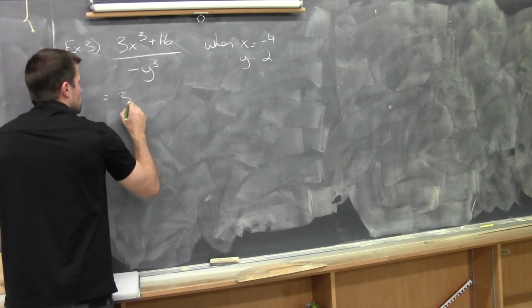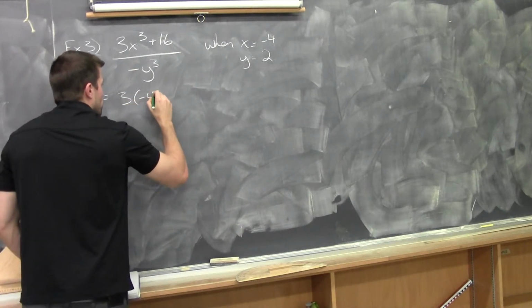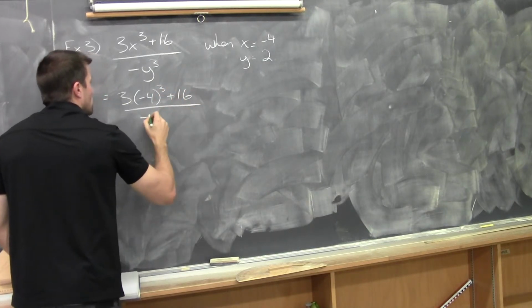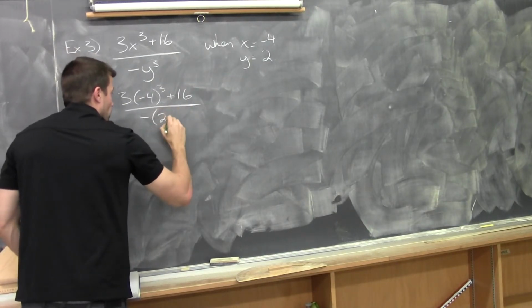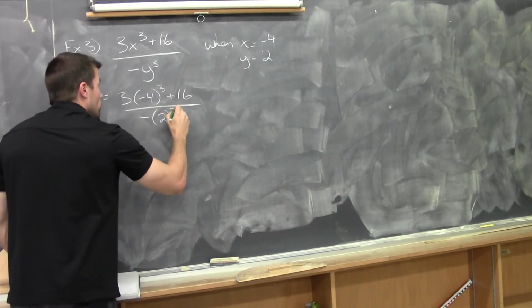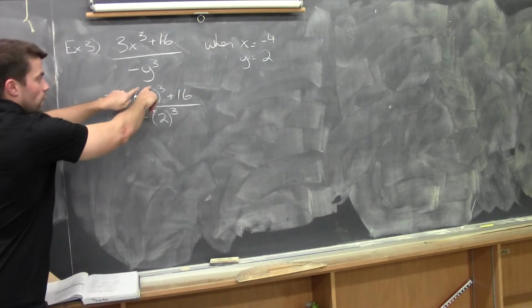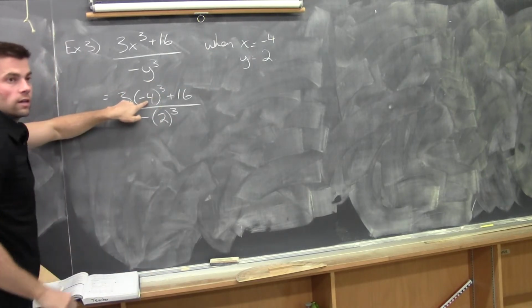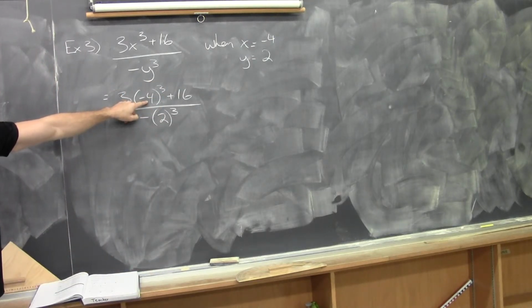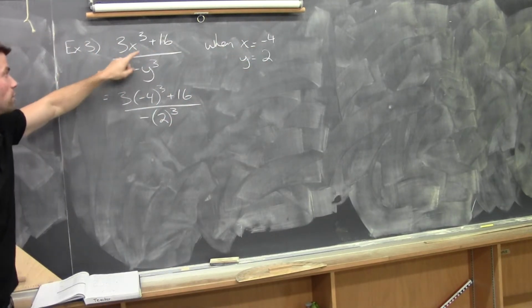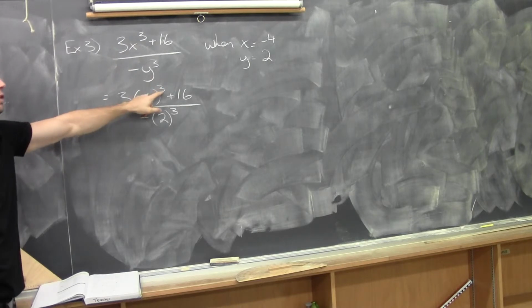That's going to be equal to 3, x is negative 4 cubed plus 16, and negative brackets. Whenever you substitute values in, very important, create a spot with brackets, okay? If I substituted this negative 4 in here without putting those brackets, I'm going to get confused with what to do with the exponent.